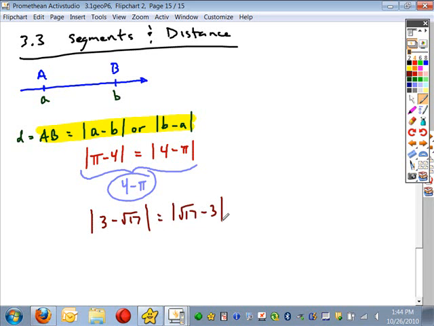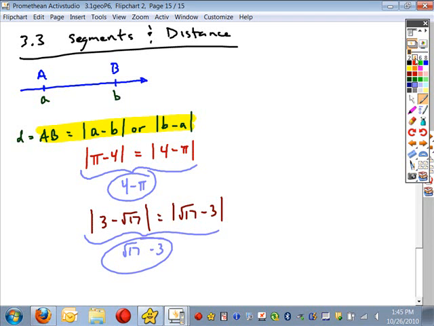Using the properties that we see here in this distance formula, the absolute value of the difference of two quantities can be written in either form. And so which of these forms is going to be a positive value regardless of the absolute value symbol? Casey? Okay, so the one on the right. So root 17 minus 3 is how you would rewrite this without using an absolute value.